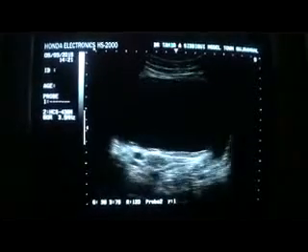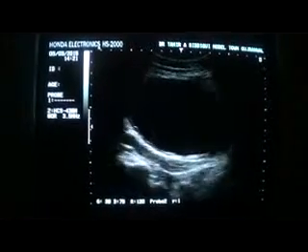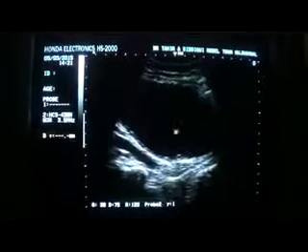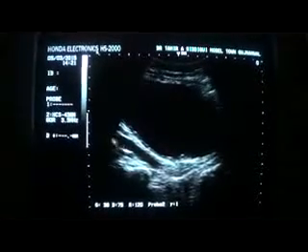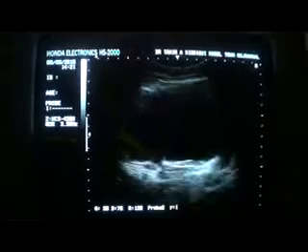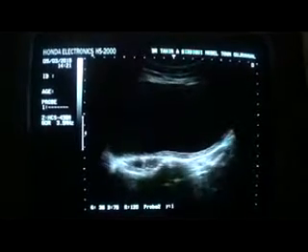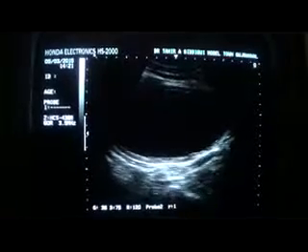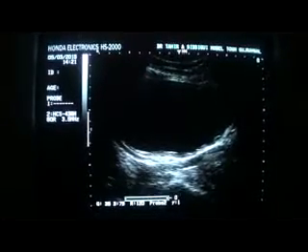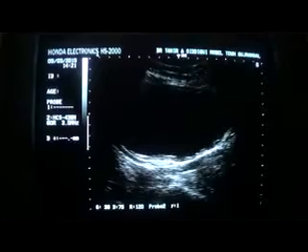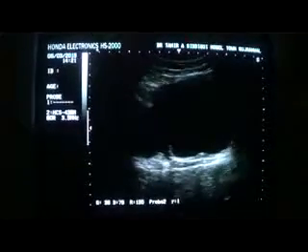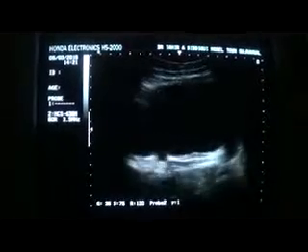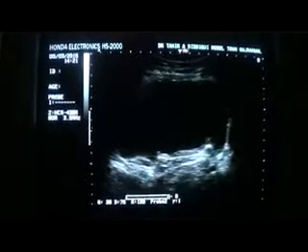See, when I maneuver the probe, this is the dilated right ureter, and when I move the probe towards the left side, you will see the longitudinal section of the dilated left ureter. This is the dilated left ureter, and in transverse section I see this is the calculus.